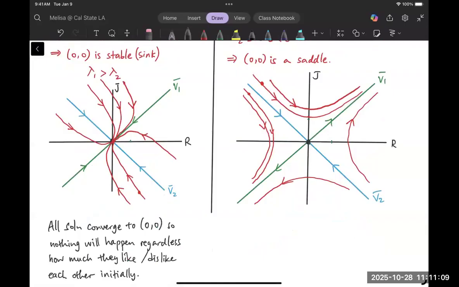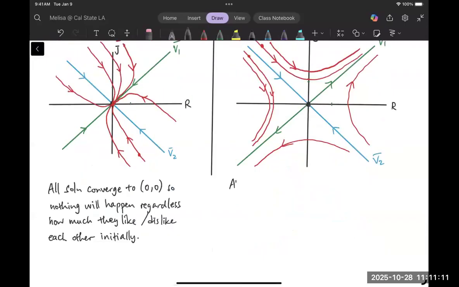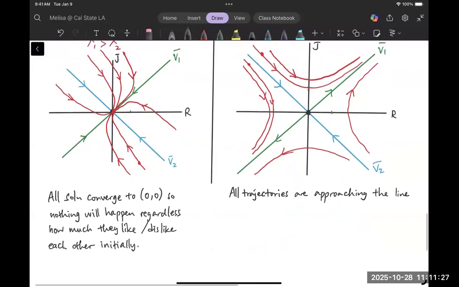Yeah, so for this one, the interpretation is that all trajectories are approaching the line, this line J equals R. Okay, really that V1.